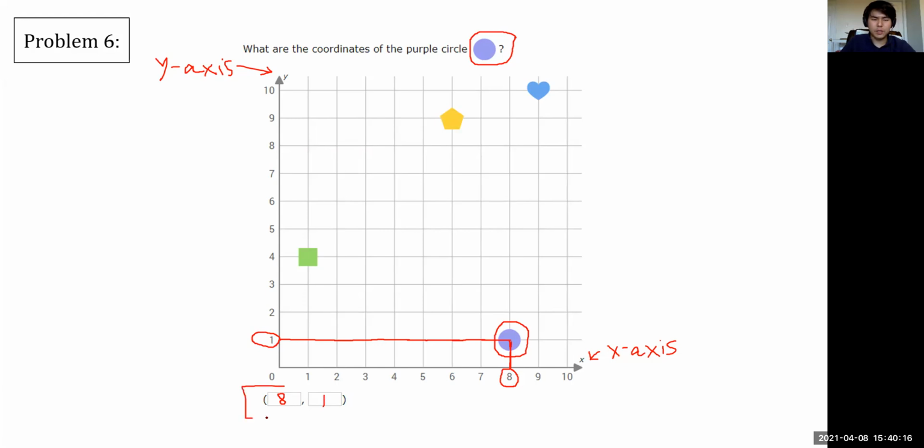This is our final answer. 8, 1. 8 being the x-coordinate and 1 being the y-coordinate.